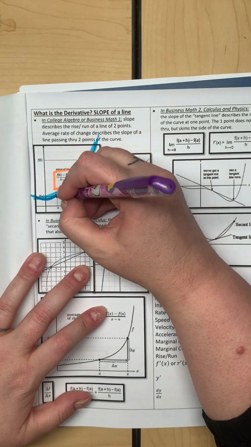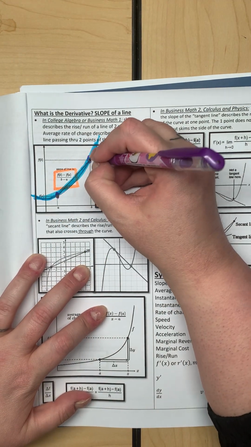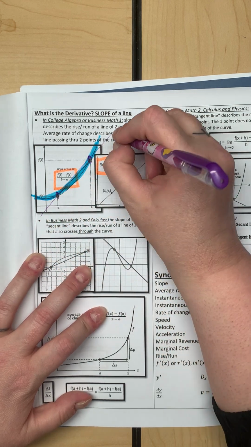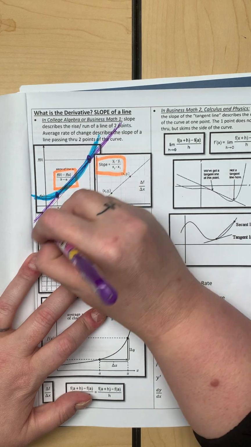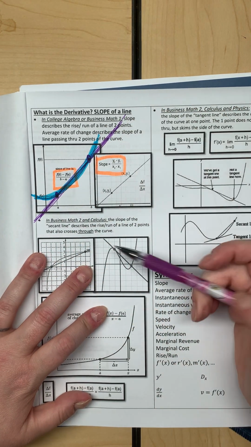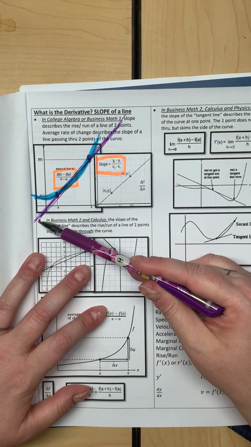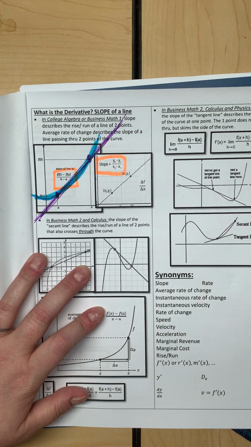So here's 1 point of that curve, here's another point, and the line that goes through that curve, we can find the slope of that line. And once we do, it's called the average rate of change.